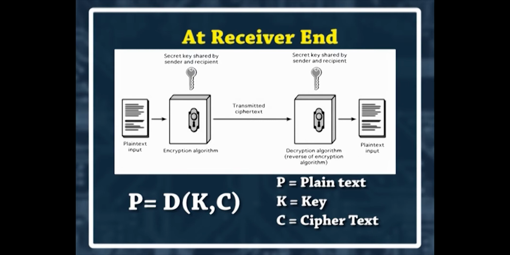On the receiver side, decryption can be performed as P = D(K, C), plain text is equal to the decryption function of key and ciphertext. Here, P is plain text, K is key and C is ciphertext.